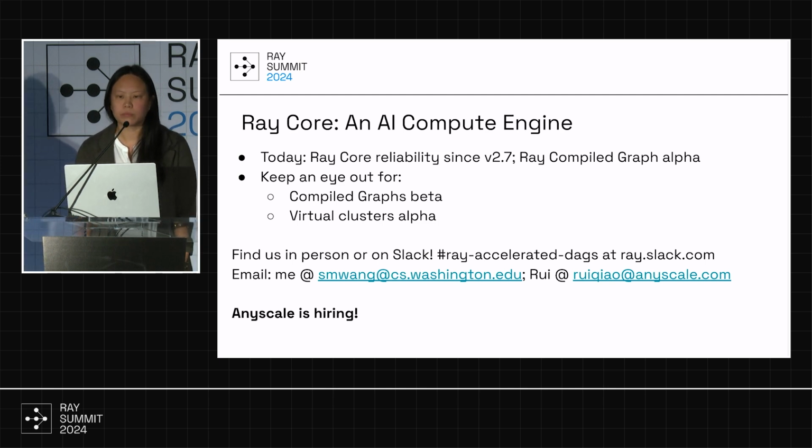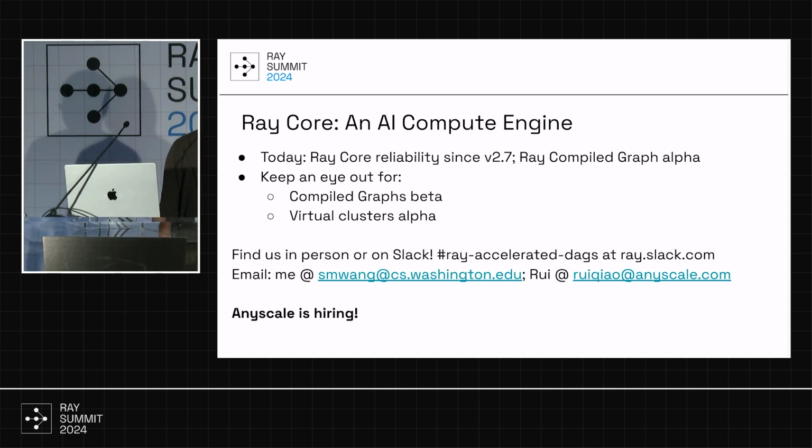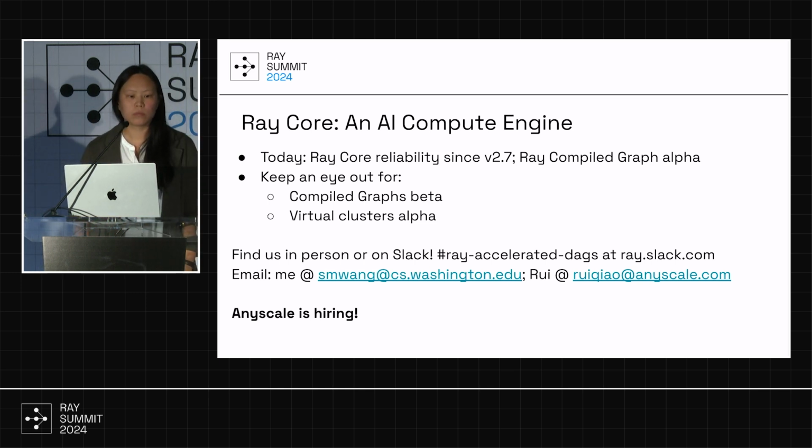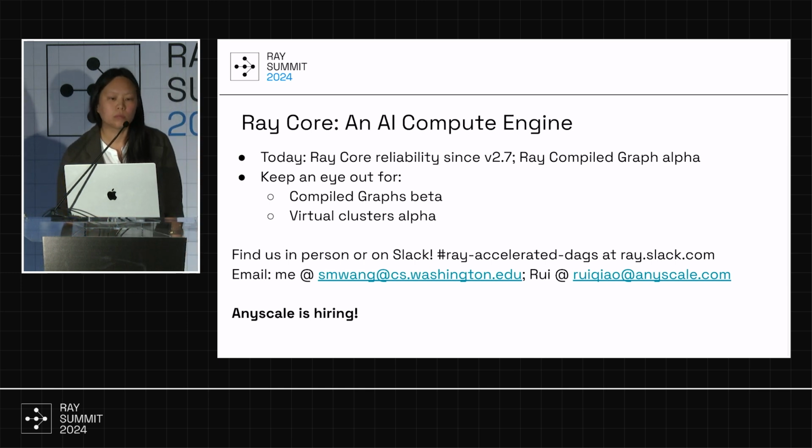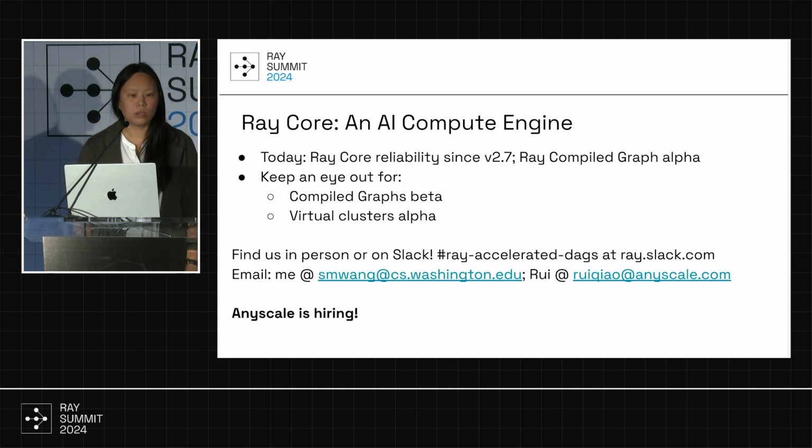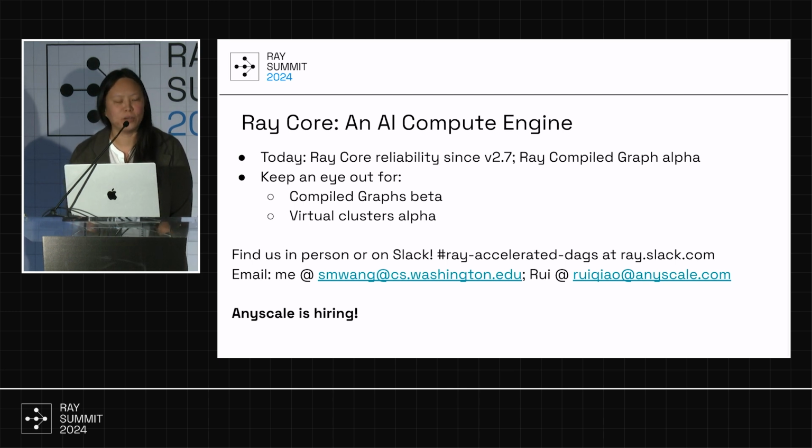It would be like a hybrid graph where the dynamic parts just go to Ray Core, but the static parts go to compiled graphs. Yeah, potentially you could imagine a future where you have some kind of hybrid graph and parts of it are dynamic and some parts of it are static. But we're probably a ways from that right now.